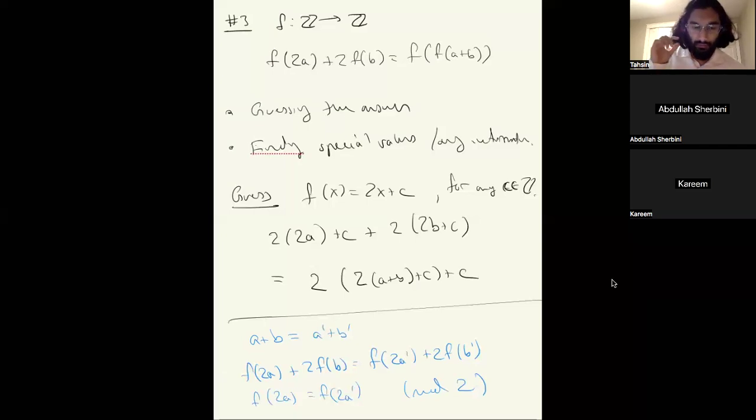Maybe I'll give you a few minutes to think about this form of the equation. This is actually a very powerful form of the equation. There's a lot of information you can get from here if you figure out the right thing to plug in.